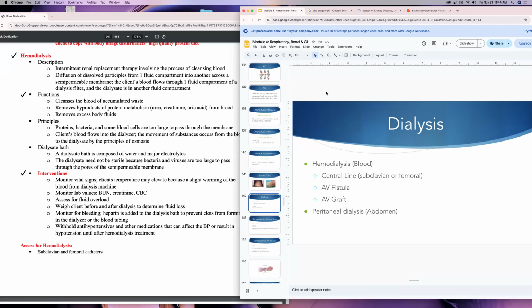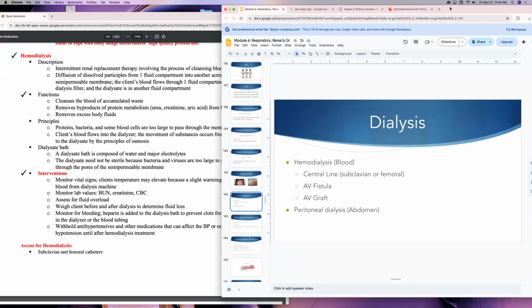All right, guys. So I want to introduce you to dialysis, okay? There's two forms of dialysis. There's hemodialysis and there's peritoneal dialysis. Hemodialysis is using the blood, right? We're removing the blood from the patient's body and passing it through a dialyzer, which is a machine, and it's going to perform the function of the kidneys and filter out the waste from the blood and then put the clean blood back in the patient, right?